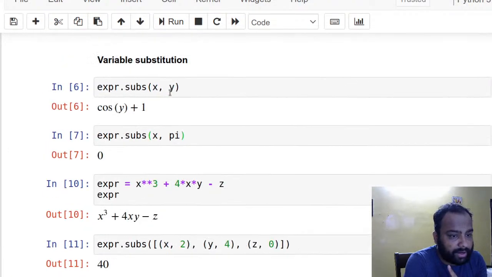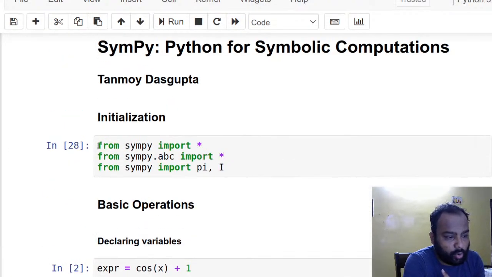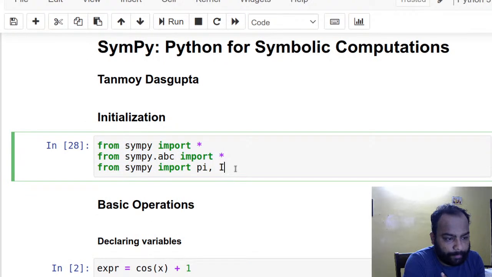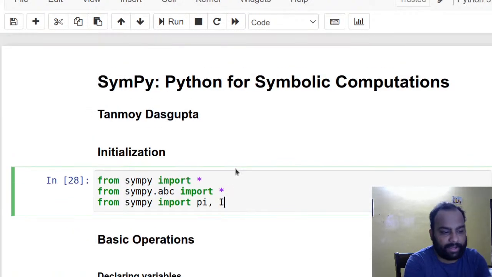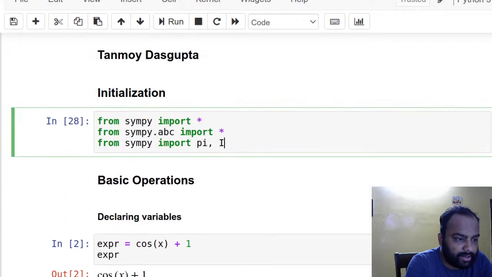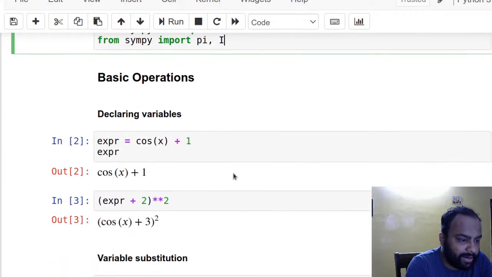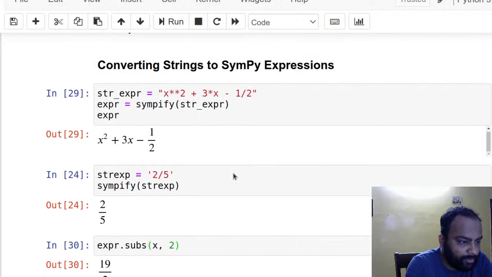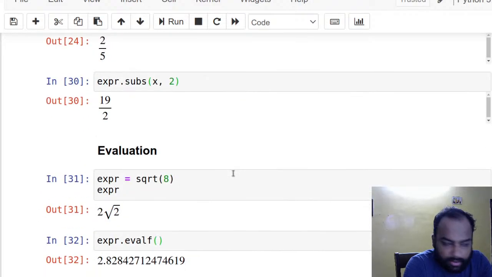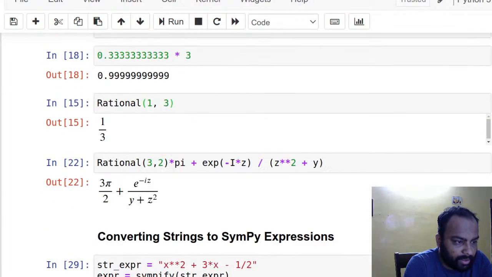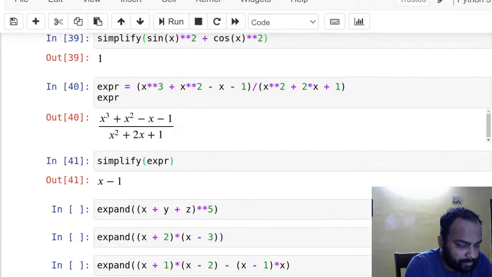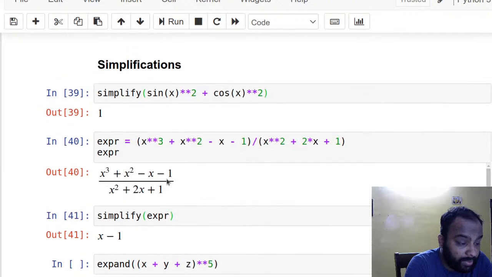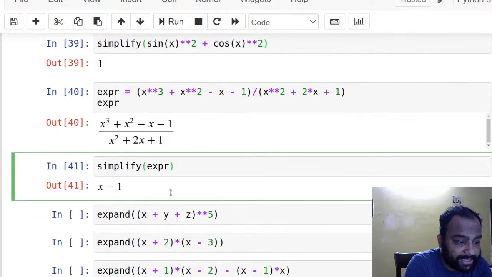If you are following on Google Colab, just run this once more, because I made a mistake and wrote x equal to something. I wasn't really supposed to do that. So x was assigned a value and it might give you some errors accordingly. Now if I do simplifications like this, it happens to be this one.